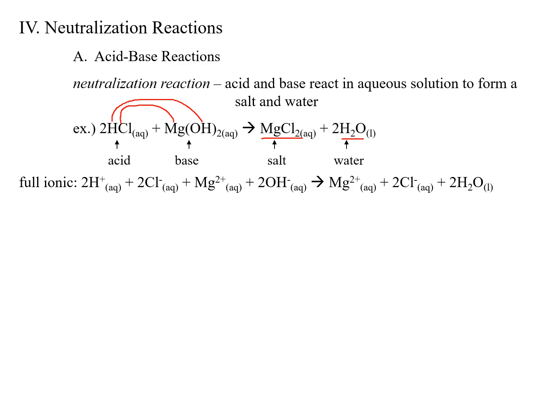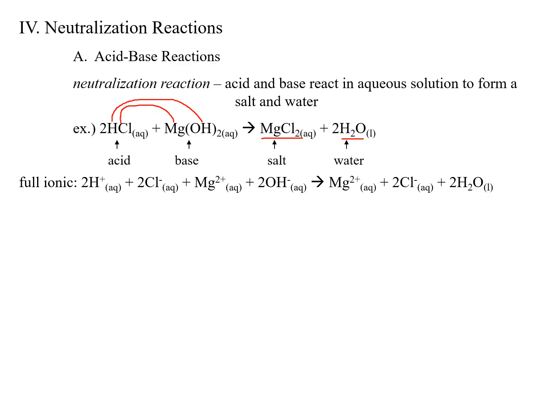Then we said every time we write a full ionic equation out, we should see some spectator ions, ions that are the same on both sides that we can cancel. With this we can see that the Mg2 positives are going to cancel because they're the same on both sides, and so are the Cl negatives. So the Cl negatives and the Mg2 positives are our spectator ions. They didn't actually do anything in this reaction.